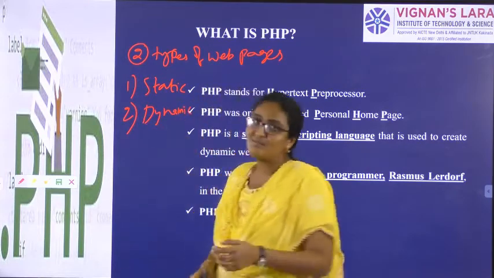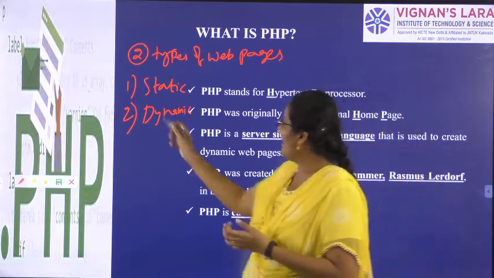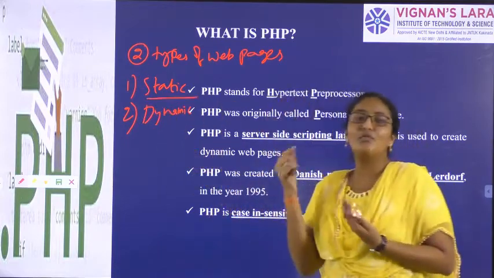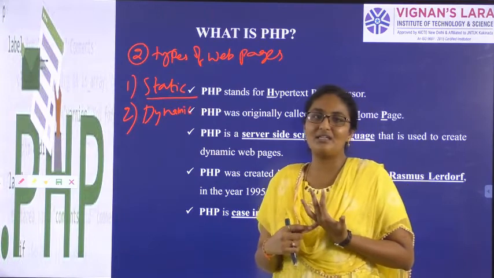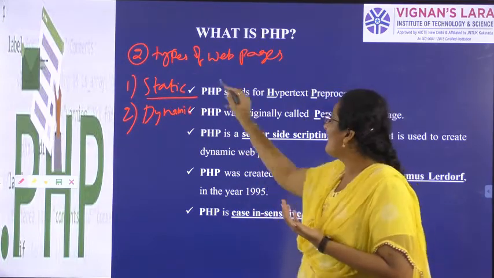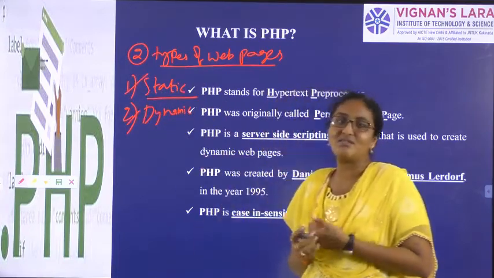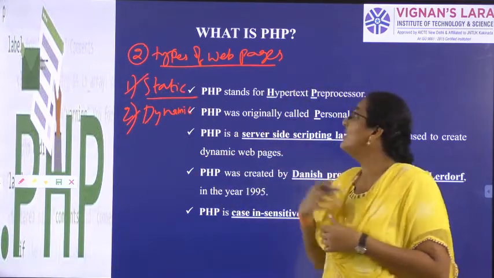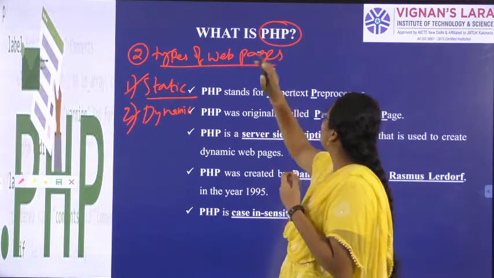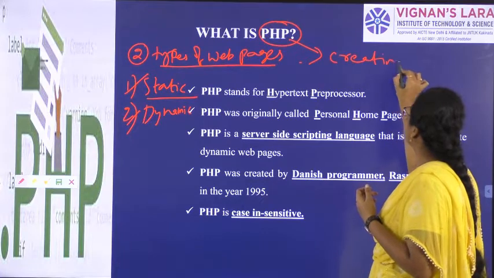So hypertext markup language, cascading style sheets, all these are for generating static web pages. So we know what is HTML, CSS, and we know web pages are of two types, static and dynamic. For creating static web pages, we are using HTML and CSS. Now, what is PHP? PHP is for creating dynamic web pages.